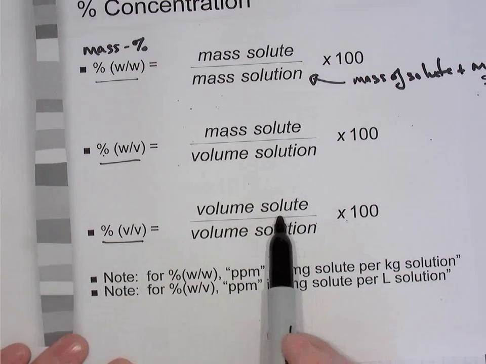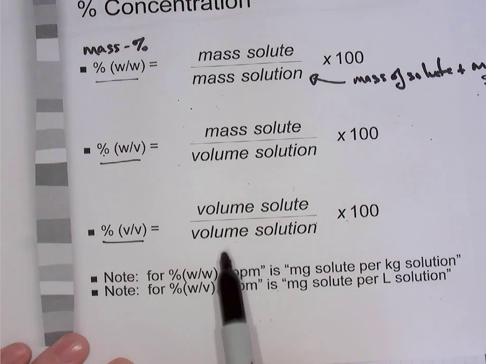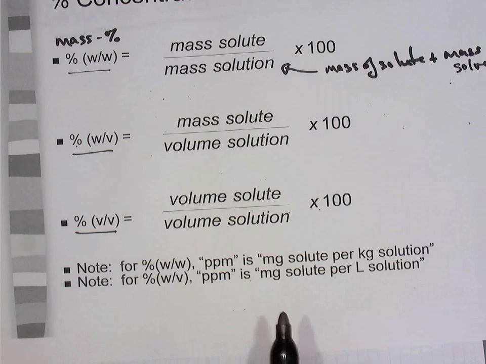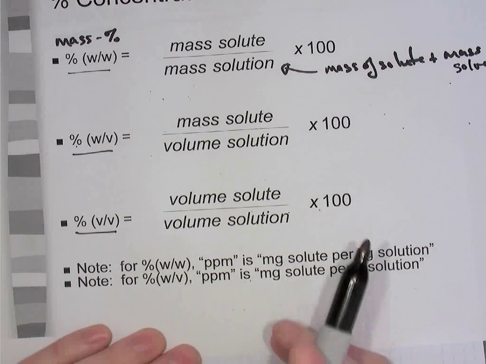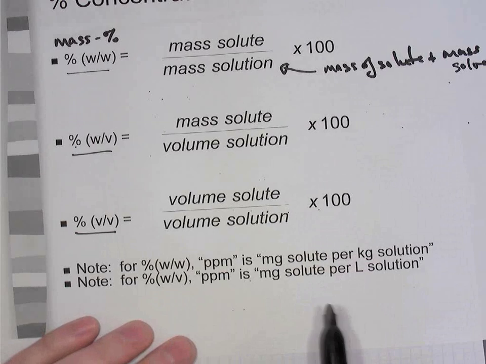And now it's the volume of the solute, which is at this point a liquid, divided by the total volume of solution. Now, there is no law of conservation of volumes, so don't always assume that the volume of the solution is just the sum of the volumes of the solvent and solute.